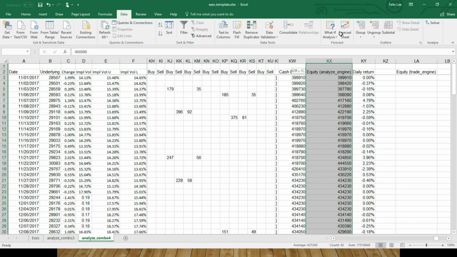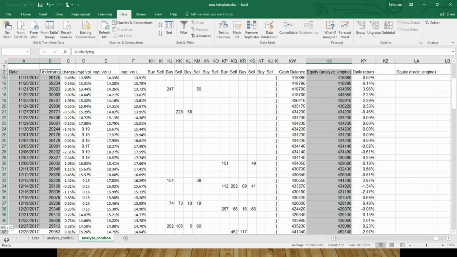By using the external spreadsheet function, I can also plot the result to visually compare this scenario with the underlying.